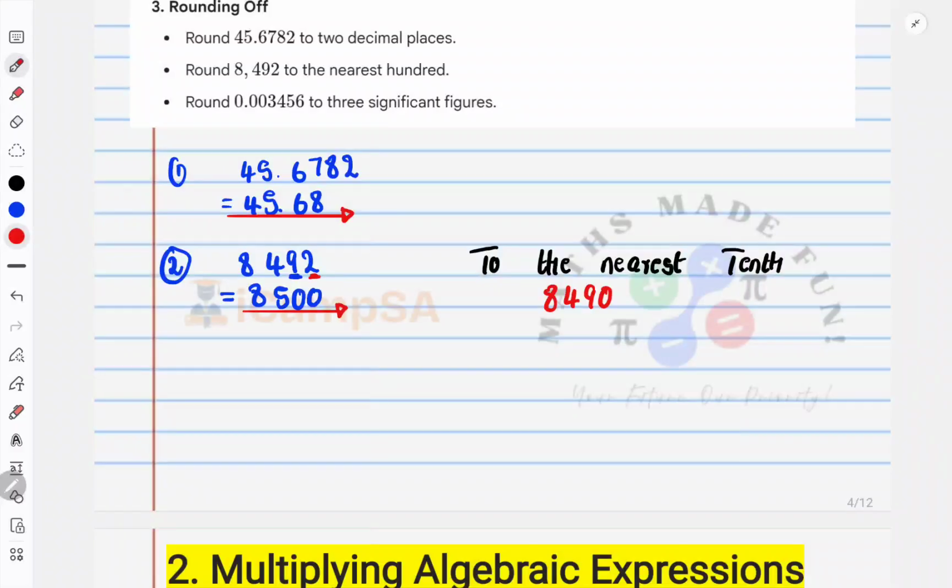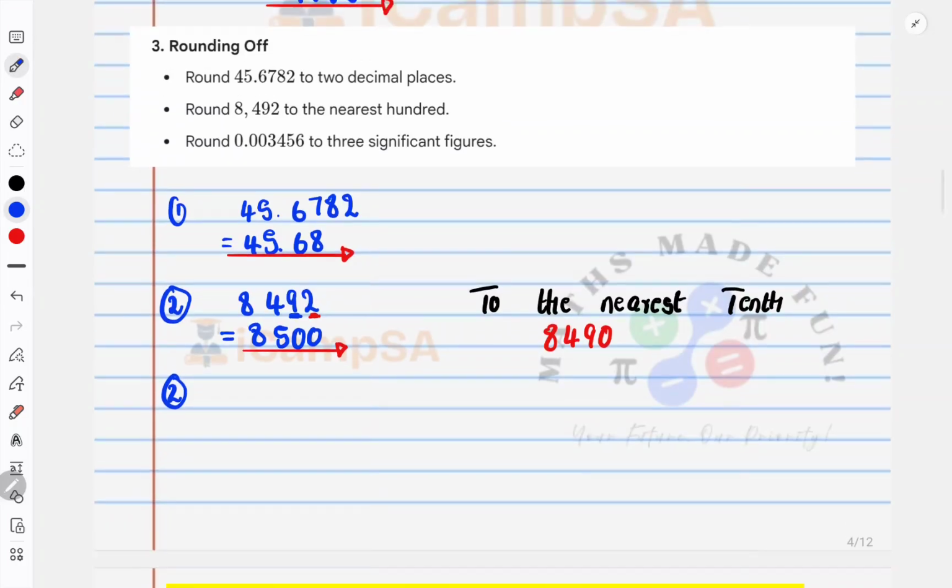Okay, and then we are now asked to round to 3 significant figures. When rounding to 3 significant figures, there are some rules.